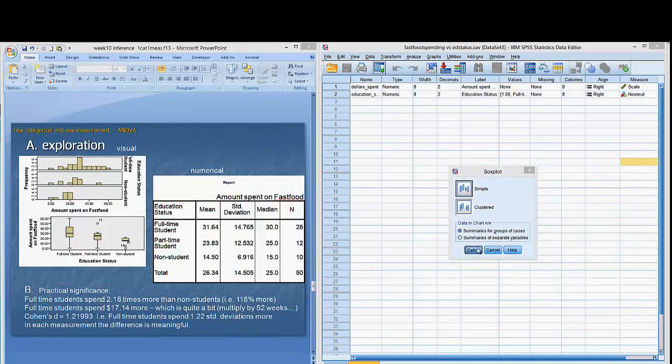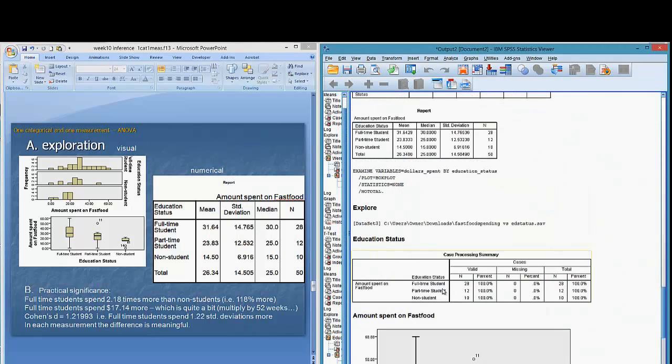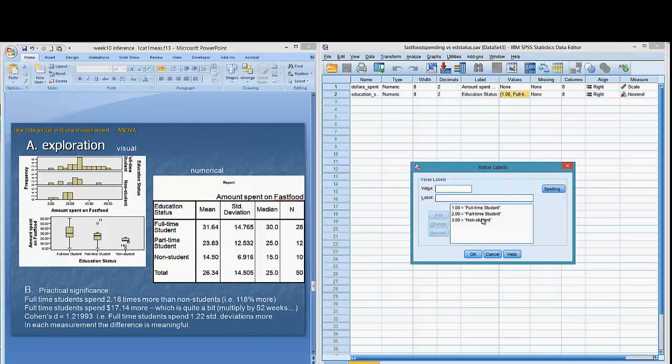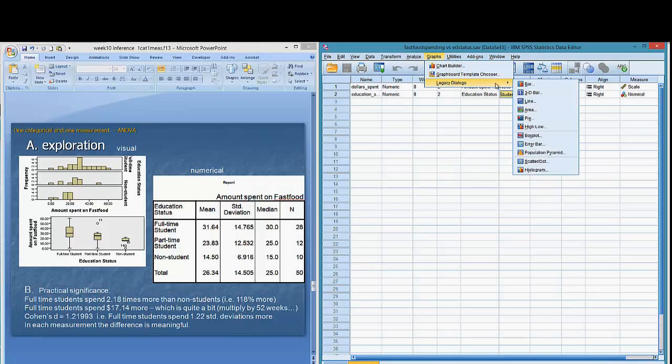And now amount spent is the variable, education status is the category axis, that's easy. Now this time I'm going to think ahead and look at the coding for education status. We have 1, 2, and 3. And I'm going to look at that paneling of histograms.